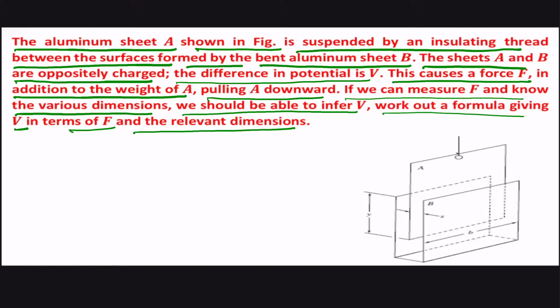The question is quite lengthy, but in short form we have a sheet A and a sheet B which is bent in the shape of a U, and sheet A is hung by a thread, and sheet A and sheet B are oppositely charged. Okay. So this is the basic question that is given to us.